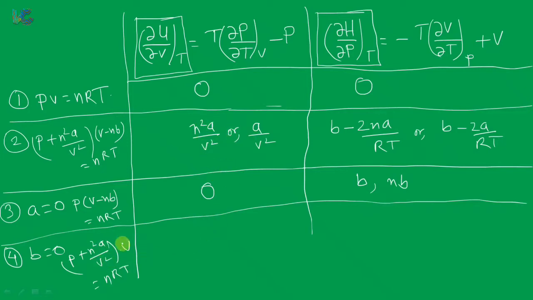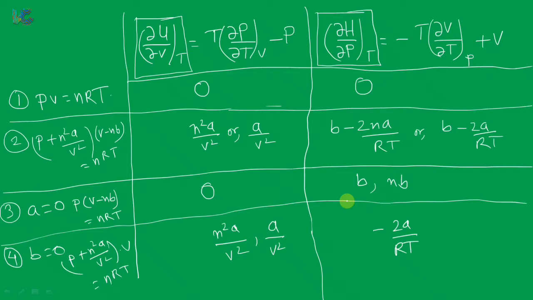So drawing the analogy from the van der Waals gas equation, and as we also proved in our previous class, you will get n square A by V square, and for 1 mole you will get A by V square. Now for B equal to 0, you put B equal to 0 here and you will get minus 2A by RT.